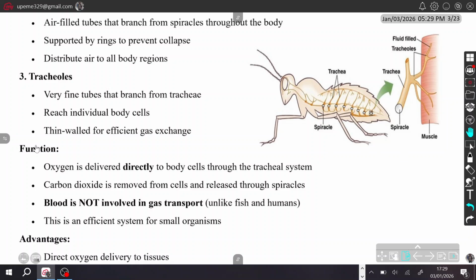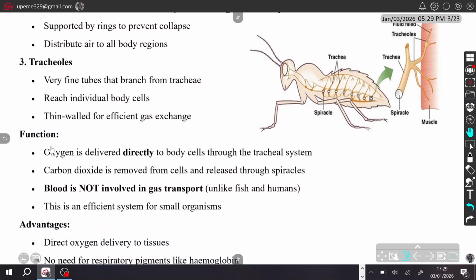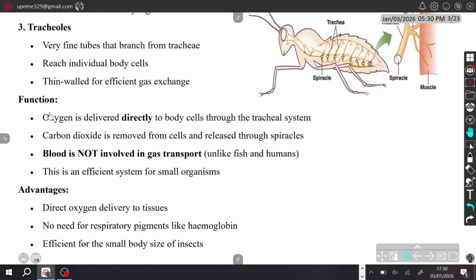Okay. Now, let us talk about function. When we talk of function, we are talking of the function of the tracheal system in the insect. What is the function of the tracheal system in the insect? One, oxygen is delivered directly to body cells through the tracheal system.